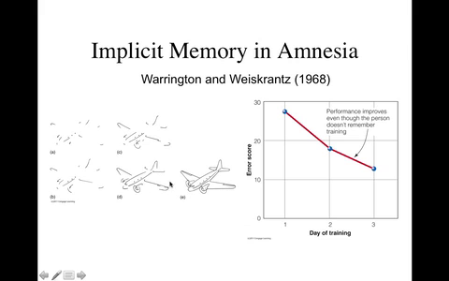So they were shown these pictures of the airplane, and over days of training, they were able to recognize the airplane at lower and lower levels of information. So they were able to recognize it, say, originally maybe at D, and then over time they were able to recognize it at C and B, and so on and so forth. Even though they would have no explicit memory, if you asked them what they had seen pictures of, they would have no idea.